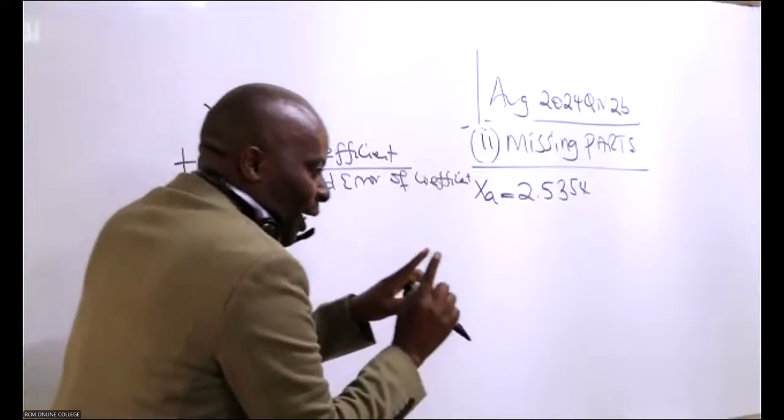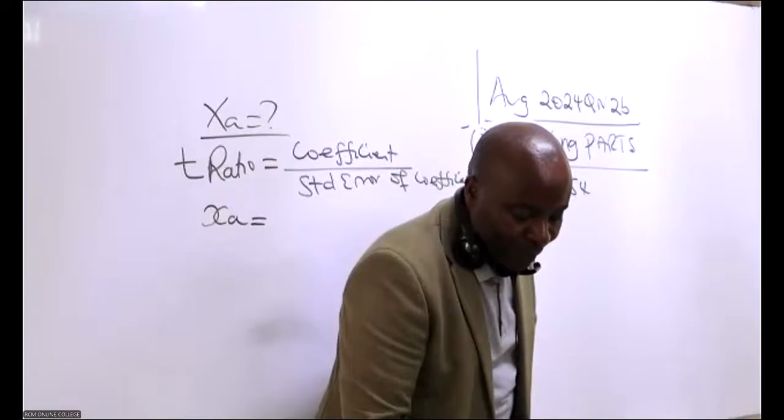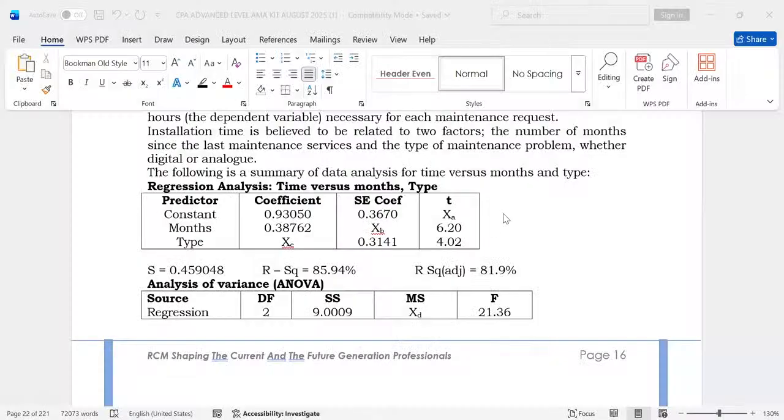Where you are able to see XA, are you able to see the corresponding coefficient? Where we are able to see XA, I can see this is for constant. So I can see the coefficient here, 0.93050.